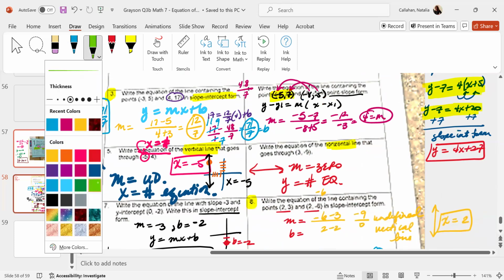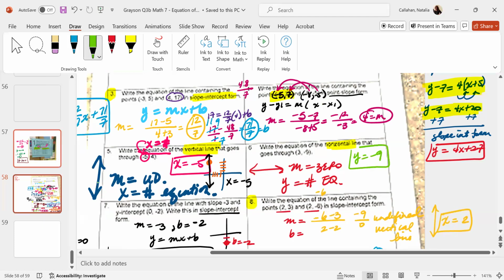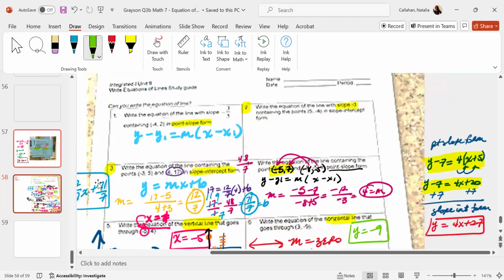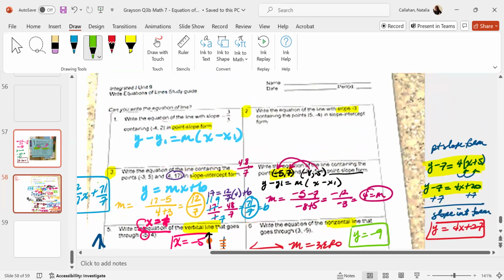Find the equation of a horizontal line. Find the equation of a line with a slope of negative 3 that contains the point 5 and negative 4.